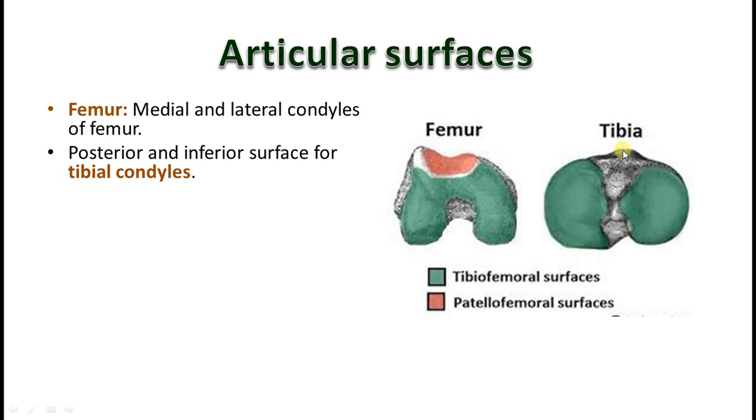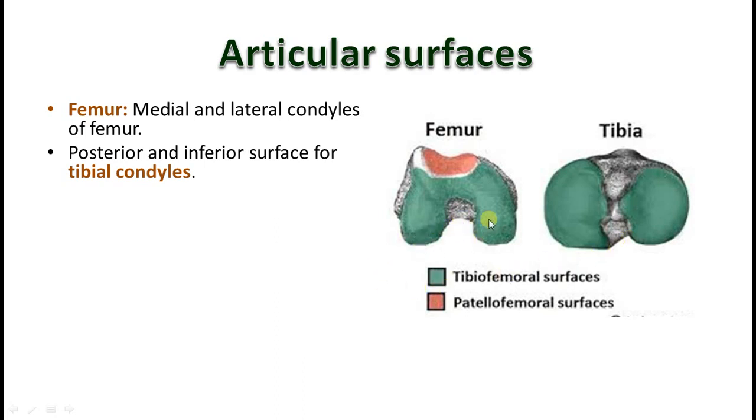And most anteriorly, what you are able to see here is the tibial tuberosity. Okay, that is the tibial tuberosity. This is for the lateral condyle and for the medial condyle.